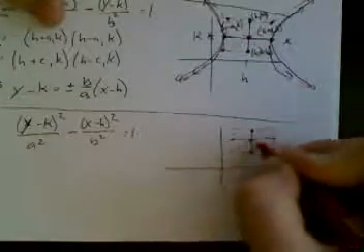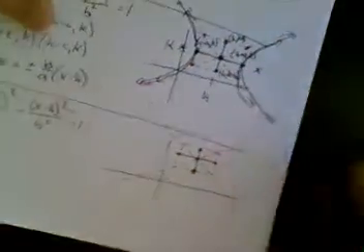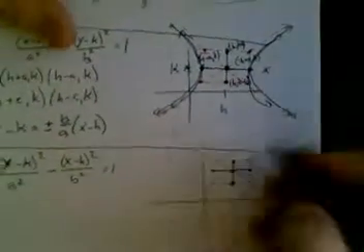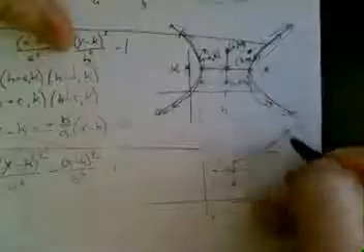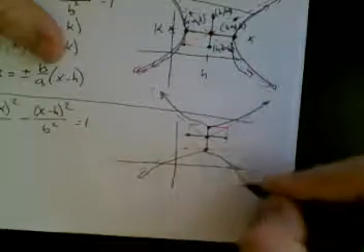I'd have my asymptotes there and there. My graph would be coming out of this point, approaching those asymptotes here, and out of this point, approaching those asymptotes here.